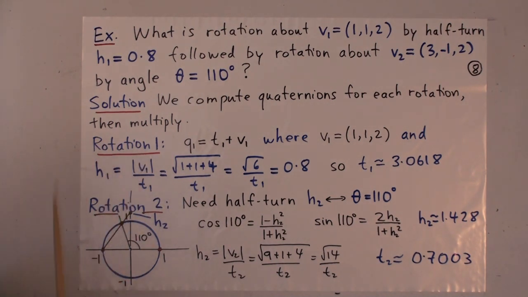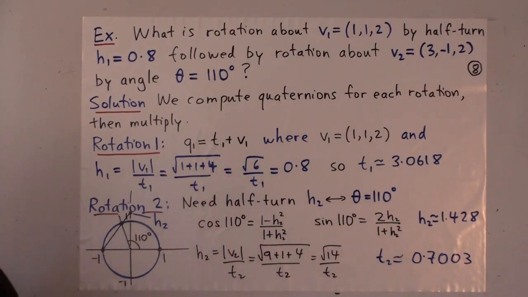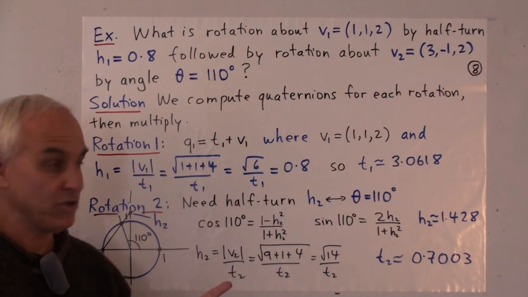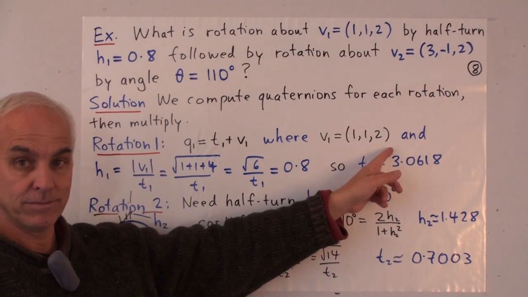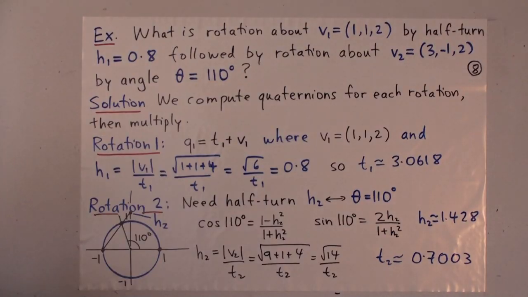All right, so let's look at the first rotation, which is going to be given by a quaternion of the form T1 plus V1. What do we know about this quaternion? Well, we know that the rotation had better be about the vector 1, 1, 2. So the vector part can be chosen to be 1, 1, 2. But how are we going to choose this T1? Well, we have to make sure that the half turn associated to this quaternion, which we know is the length of V1 divided by T1, had better be 0.8.